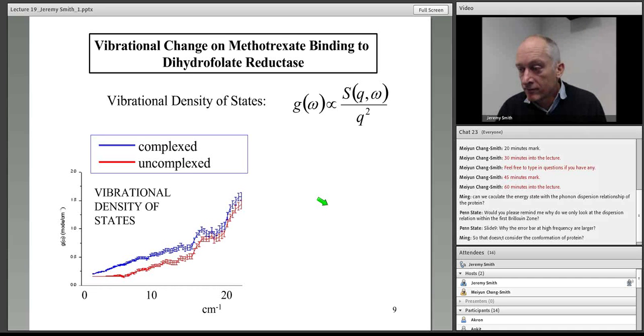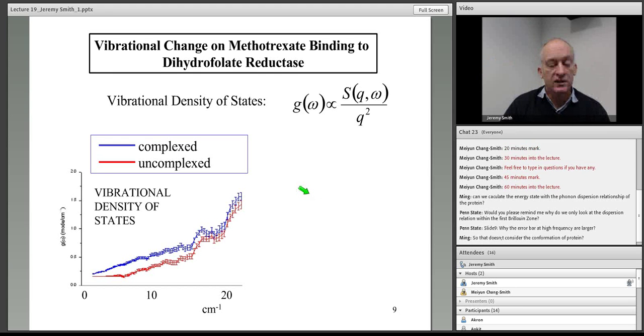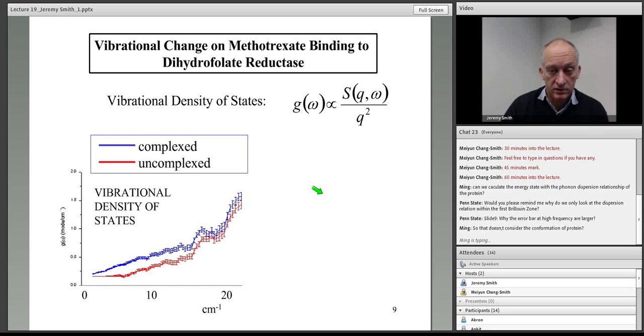So Ming, again from Penn State, is saying, so that doesn't consider the conformation of the protein. The answer is the vibrations all take place in one conformation, in a vibrational analysis. However, what will happen at low temperatures is that each different protein will be in a different energy state, a different conformation, in other words.